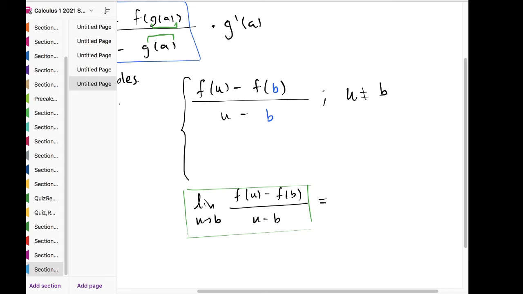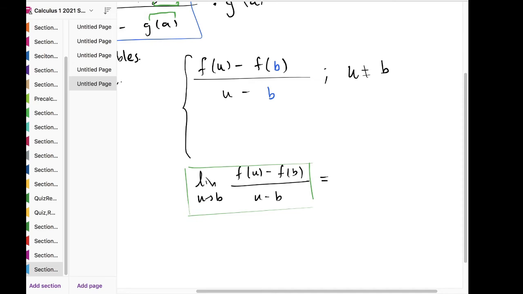What formula is this of? It's a formula of something we've been working on for the past couple weeks. Yeah, velocity, or what's another term we have? A more general term. It's a derivative. Yeah, precisely, it's the derivative at b.